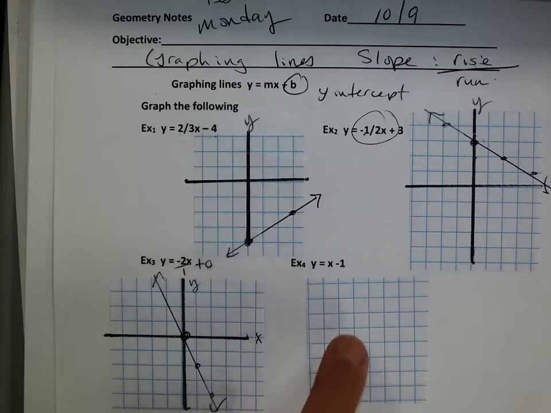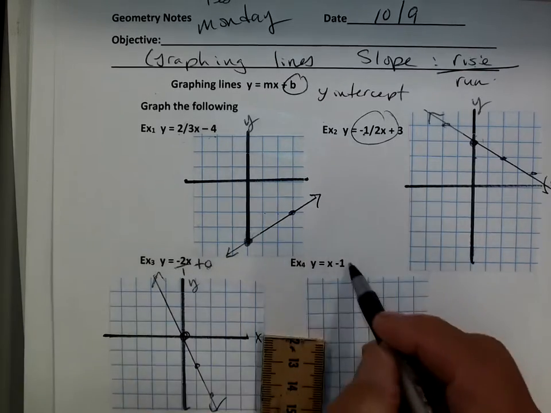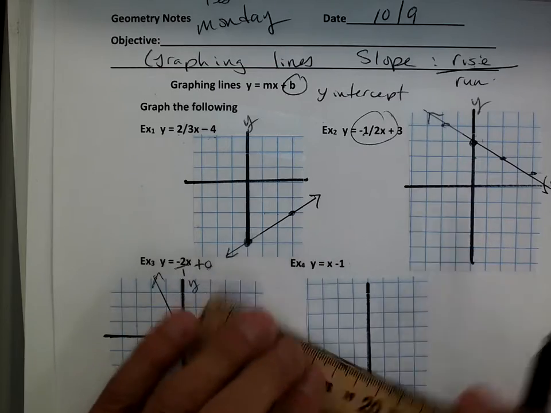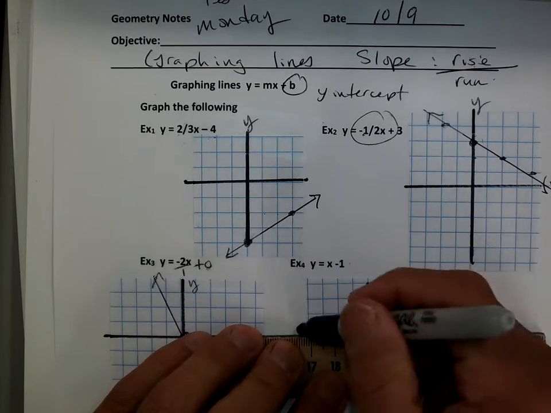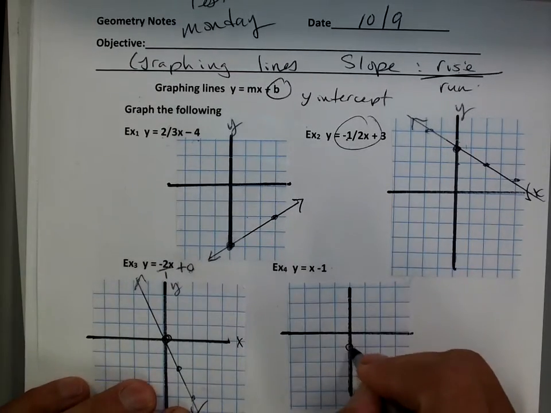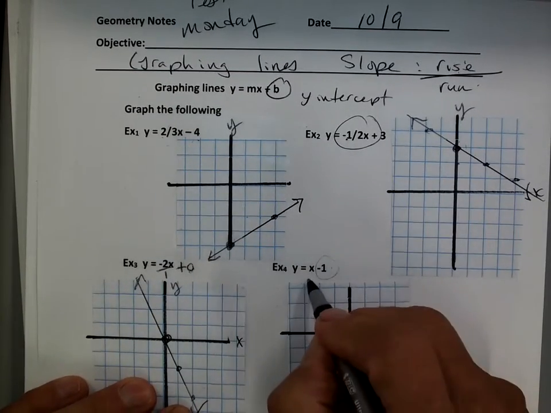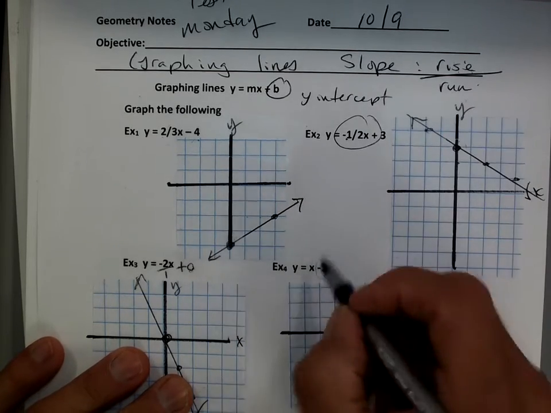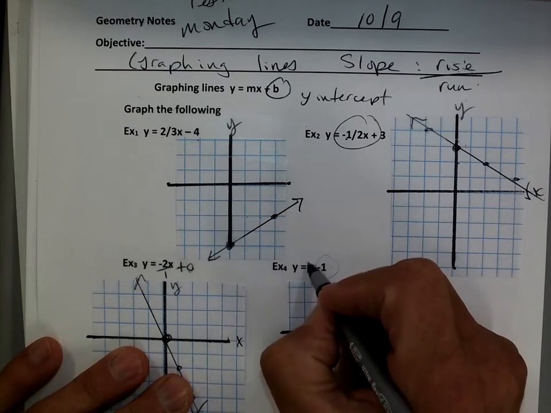Okay, example 4, y-intercept of -1. So put that down. So I'm going to put my y-intercept of -1, which is right there. That's my y-intercept. Now, I need a fraction, rise over run. I need a fraction for slope. So this is a 1x, it's invisible, right?